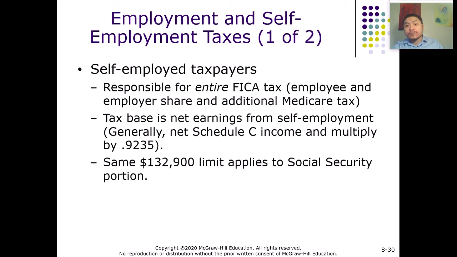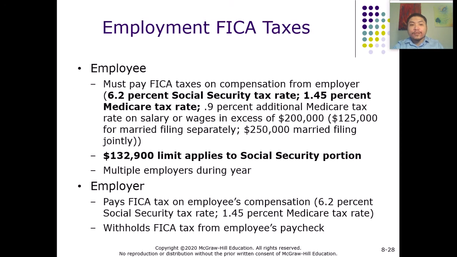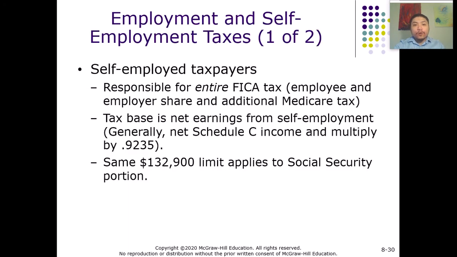We know the employee has to pay 6.2% plus 1.45%, and the employer also has to pay the exact same share. So self-employed taxpayers have to pay double the FICA taxes, because they have to cover the employee portion and also the employer portion. So how do we deal with that?